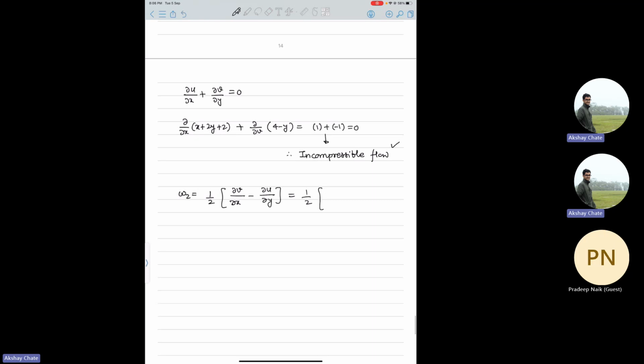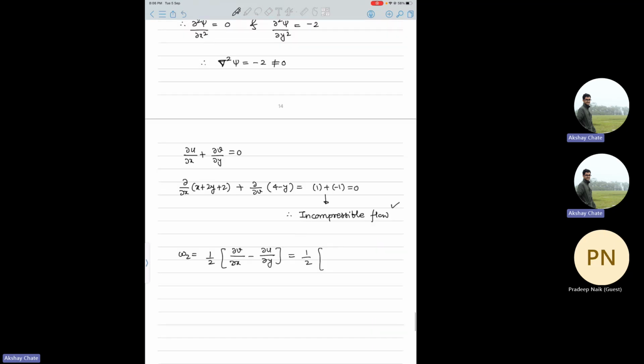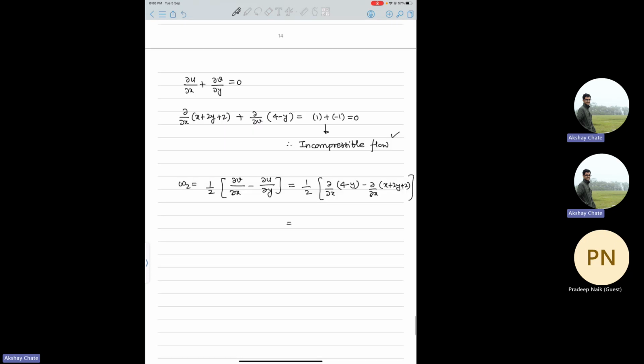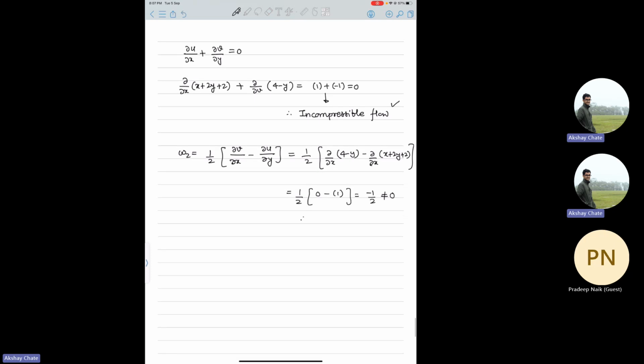So what is it? Half, del v by del x of v, v is 4 minus y, minus del by del x of u, u is x plus 2y plus 2. So now it is half. This becomes 0 minus 1. This becomes minus 1 by 2, which is not equal to 0. Therefore, this is rotational flow.